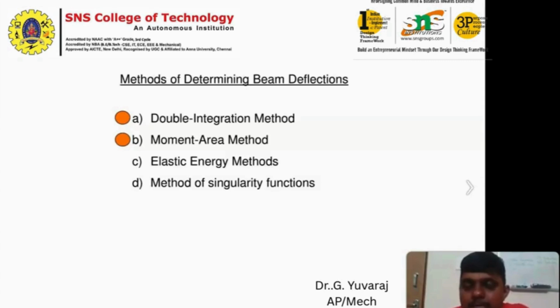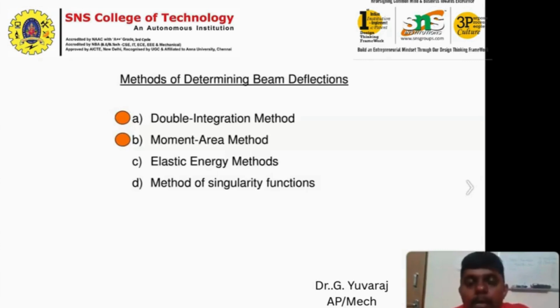The name itself gives the details. Double integration means we integrate between two extremes, one at zero deflection and another at maximum deflection. Whenever there are two different ranges, we prefer double integration.